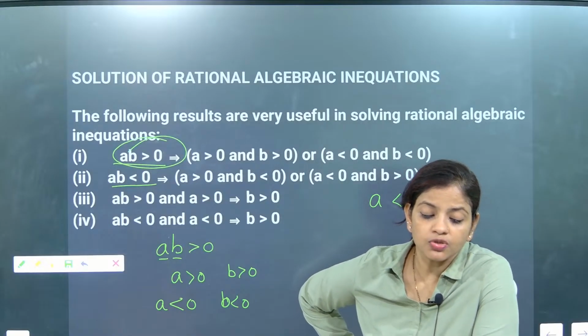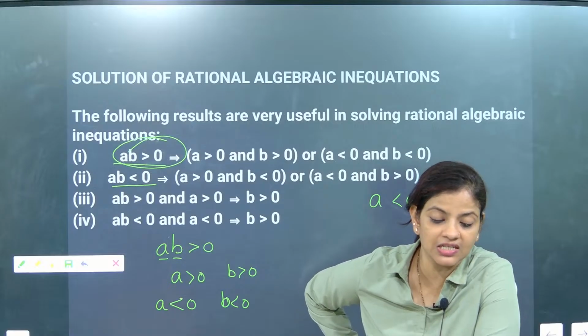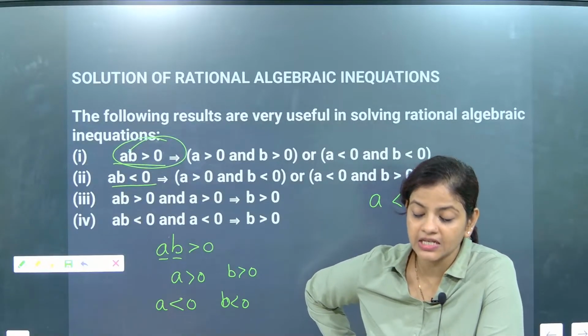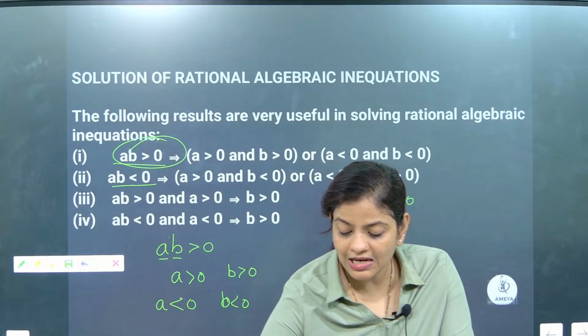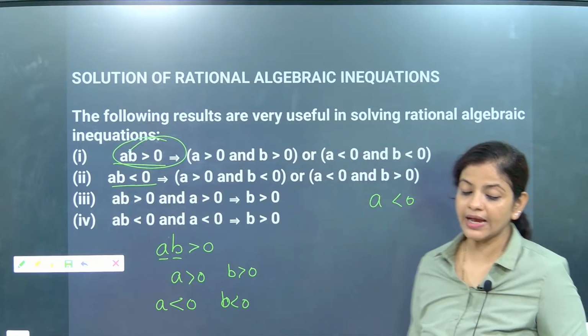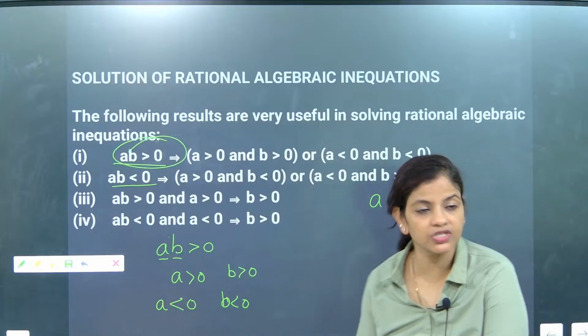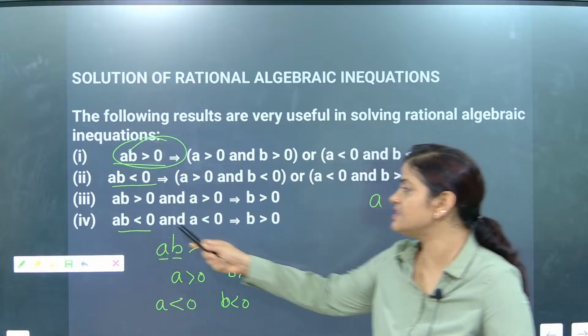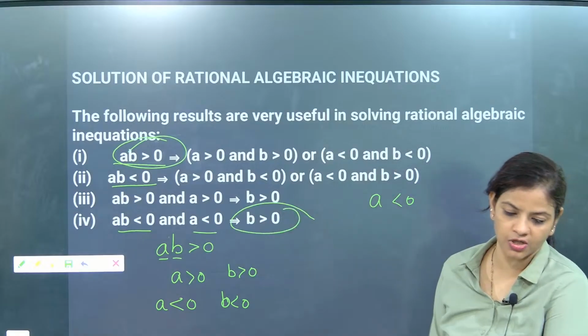So that's the most important part of the solution. Okay. So here we must understand that some logical sections are there which they are asking, and that is what I have taught you in this content. Now, what we are going to understand in this increasing and decreasing function. So when AB is less than 0, if A is less than 0, self-understood, B is greater than 0. Understood?